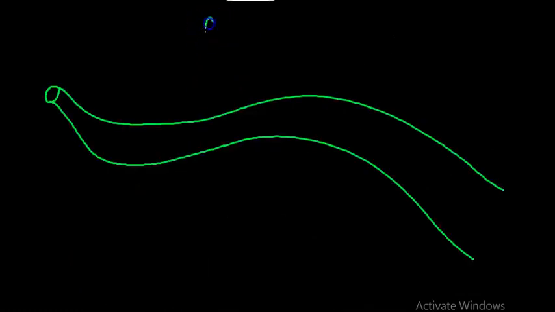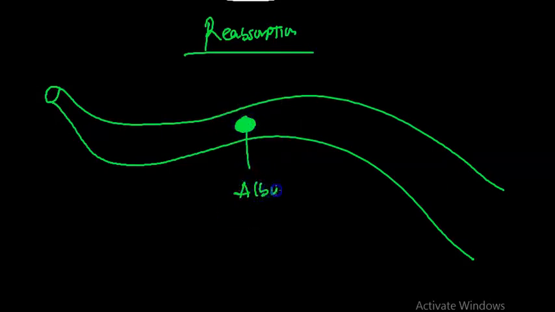Here we have another process which we call the reabsorption. In this case, let's have a rough drawing of protein, typically albumin. If you notice here, we also have two openings, up and down from here.